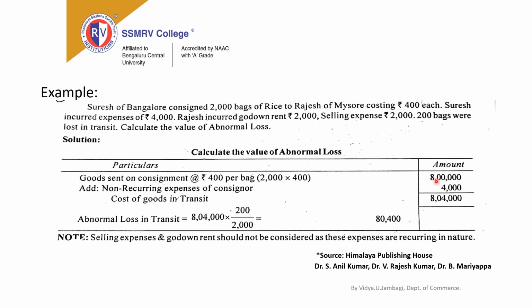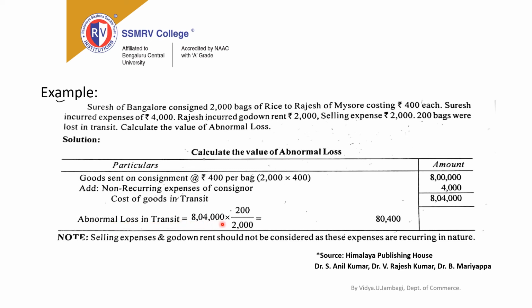So thereby we add it, which is 8 lakh 4000. So the cost of goods in transit is rupees 8 lakhs 4000. Taking this into account, we calculate the value of abnormal loss in transit.